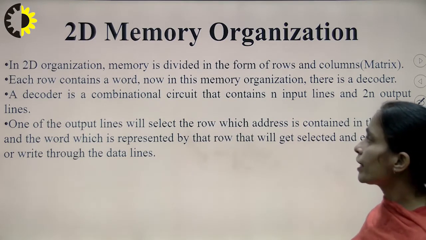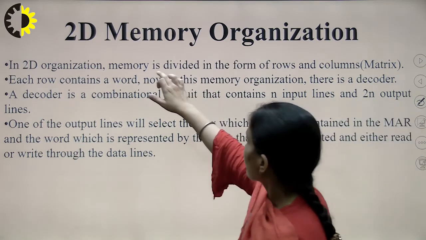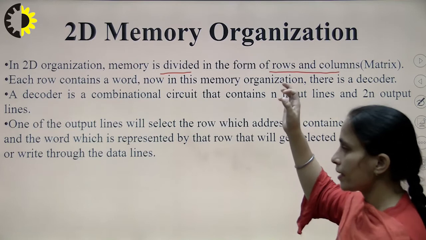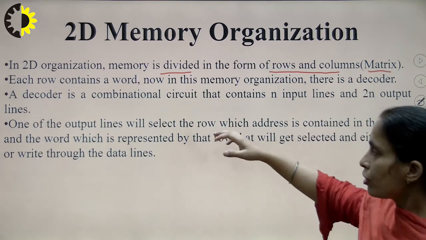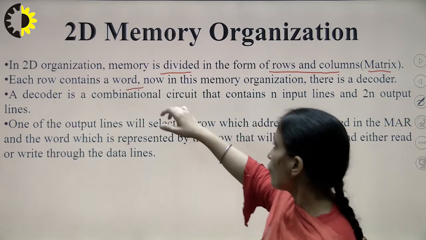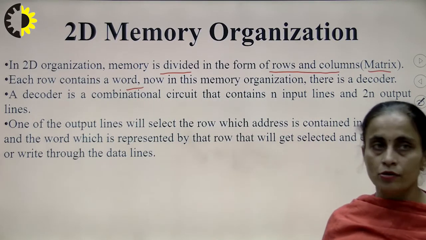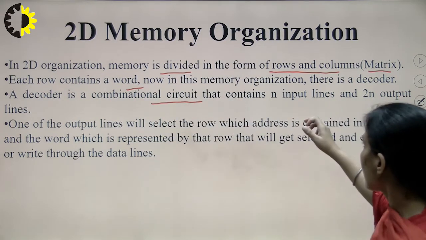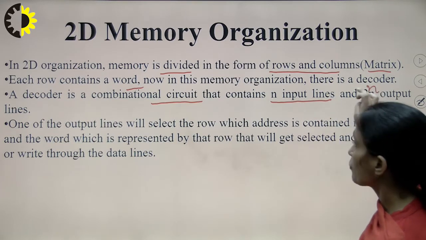Starting with the 2D organization, my memory is divided into rows and columns, which I can represent in the form of a matrix. Each row contains a word. In this memory organization, there is a decoder also. This decoder is a combinational circuit that contains n input lines and 2 power n output lines.